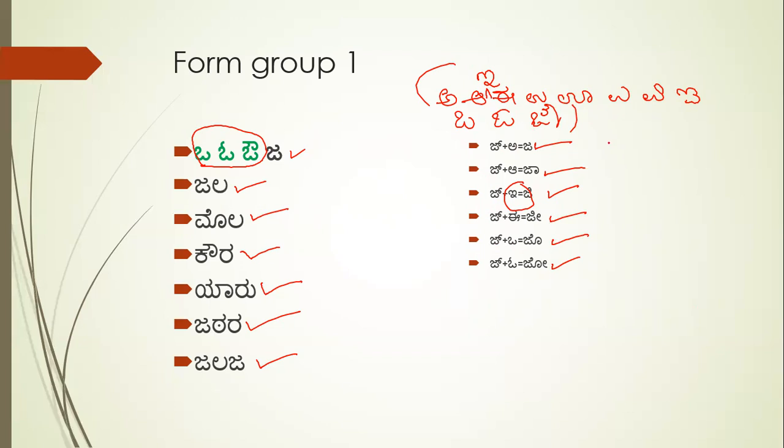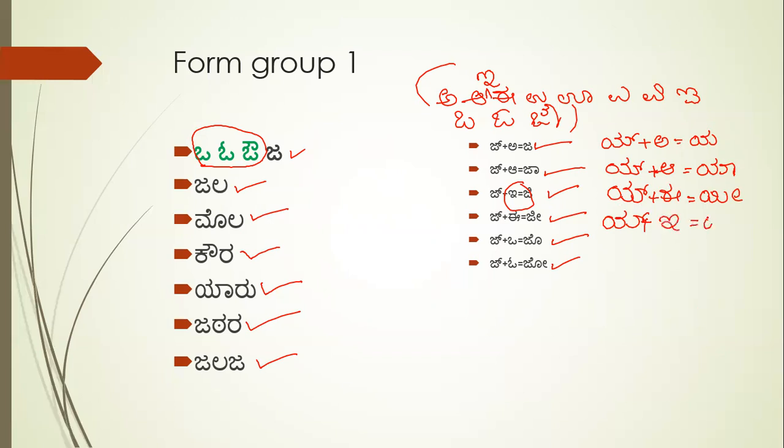Let's take a difficult letter, that is y. Okay, half y plus a would be ya, and half y plus a would be what? Half y plus e would be ye. Okay, and half y plus small e I have taken here. And half y plus u, it is yu, like this.